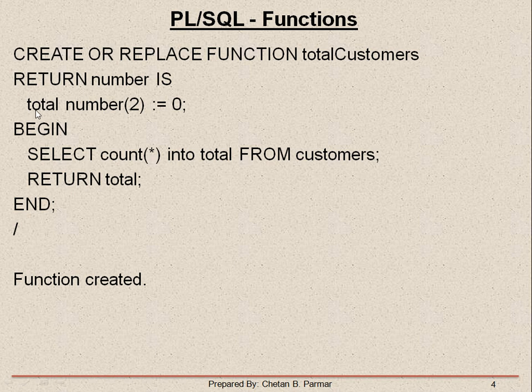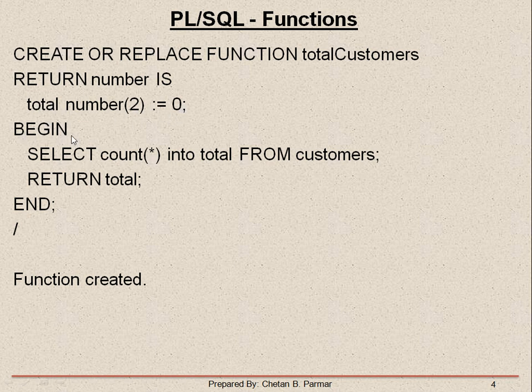I am declaring one variable of type number with size 2, and initially I will assign the value 0 to that total variable. The assignment is done by colon and equals sign. So ultimately total is declared as number of size 2 and its value is 0.